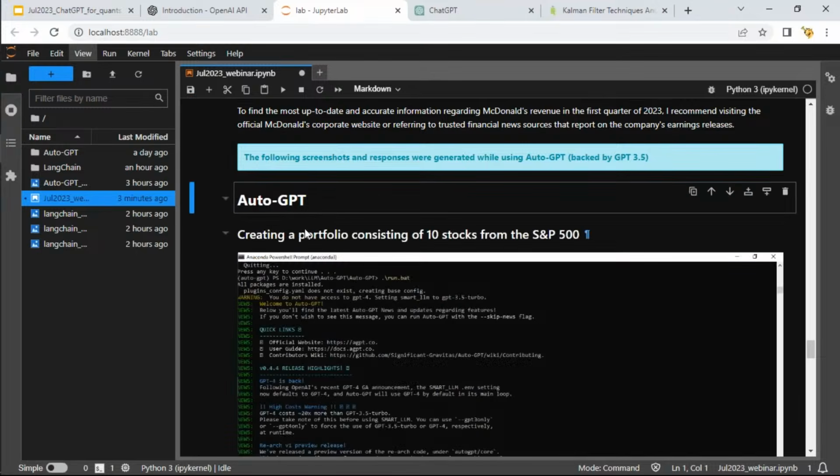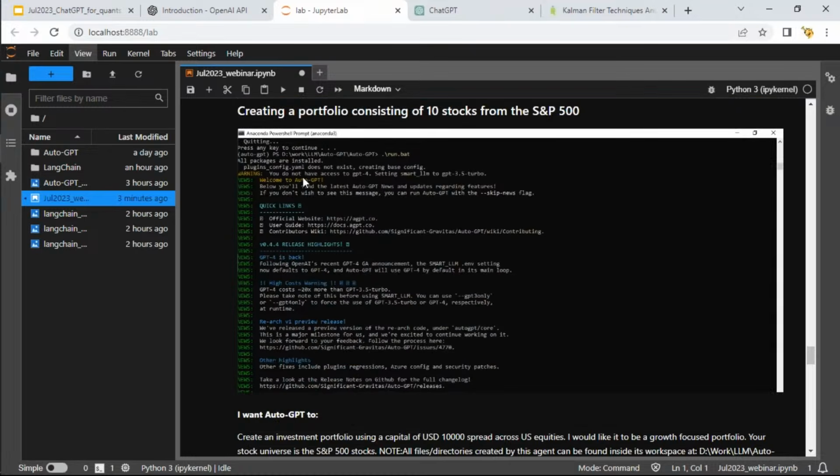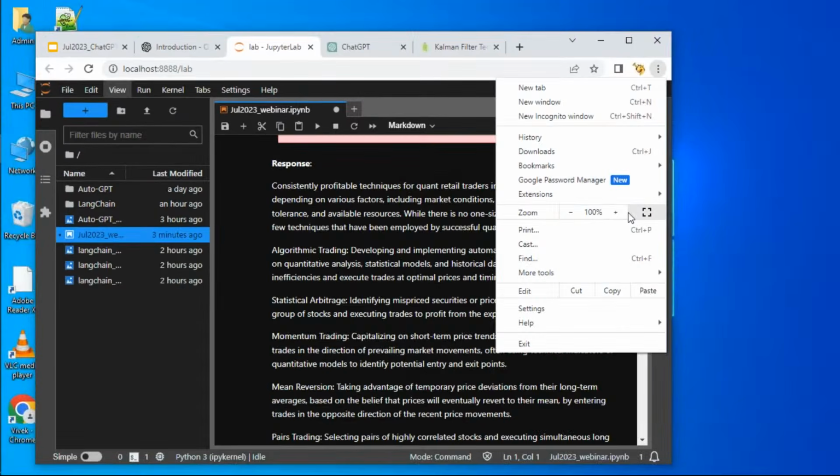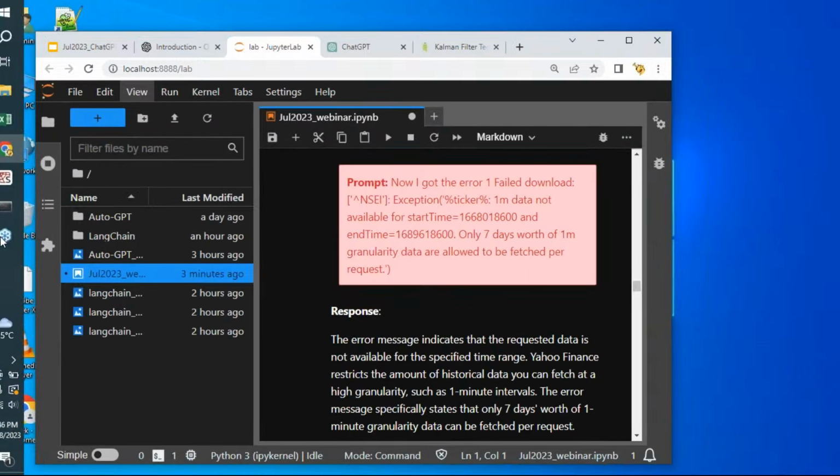So suppose we want to create a portfolio consisting of 10 stocks from the S&P 500. When you install it and run it, this is how the local server looks. I'm not sure if my screen is very clearly visible. Let me increase the size so that you guys can see my screen clearly.